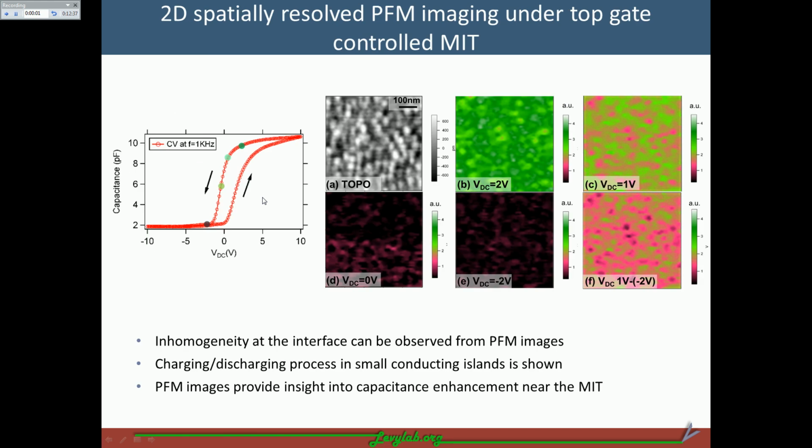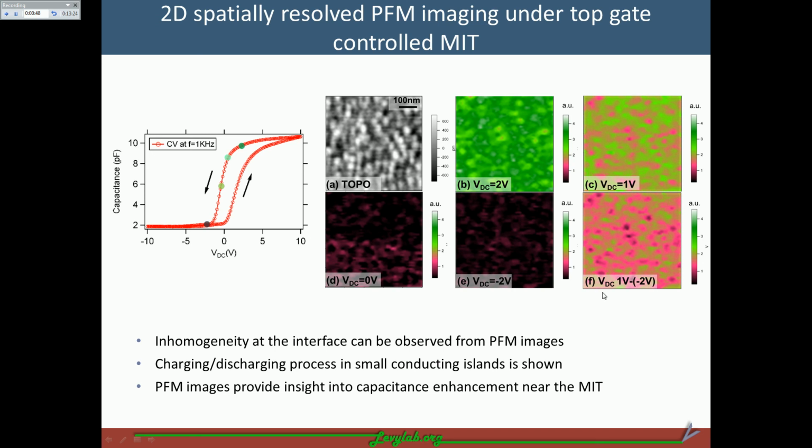We also performed two-dimensional spatially resolved PFM imaging under the top-gate controlled metal-insulator transition. As we change the bias, we find that this 2D PFM image shows inhomogeneity features, and small PFM islands show signal change, which we believe shows the charging and discharging process.